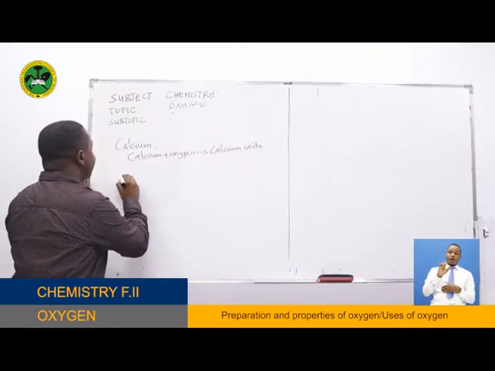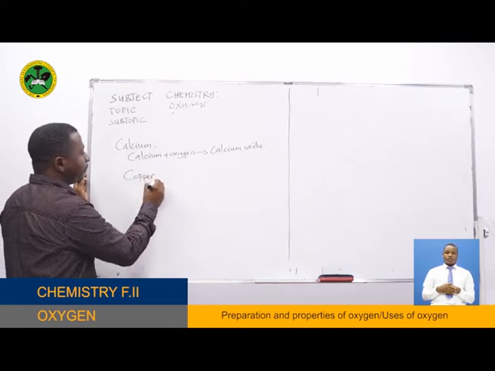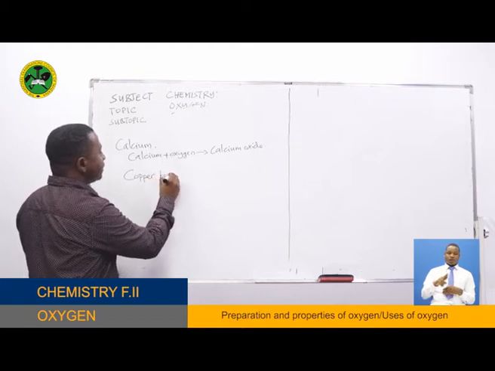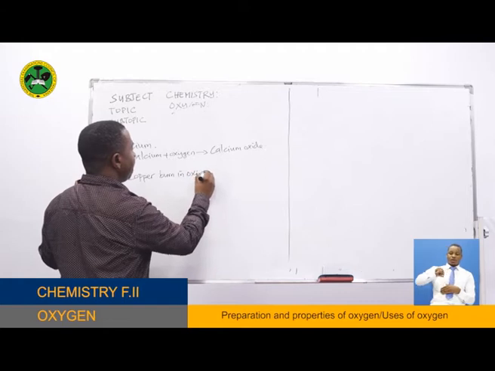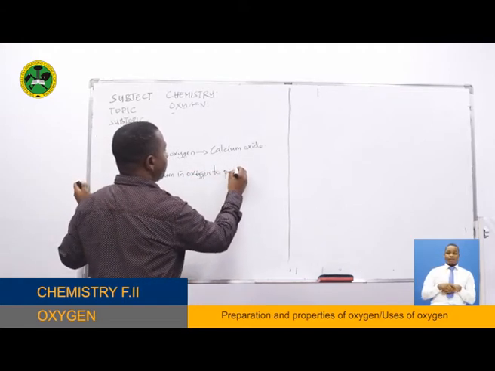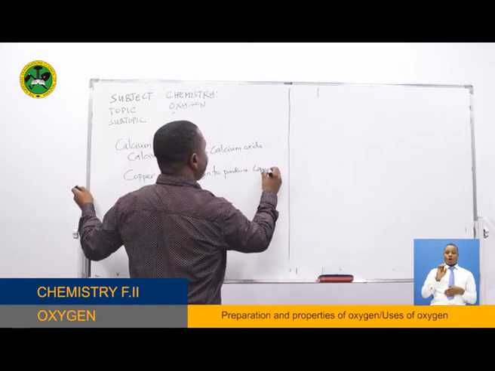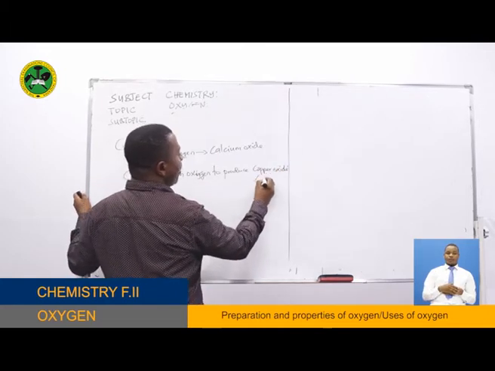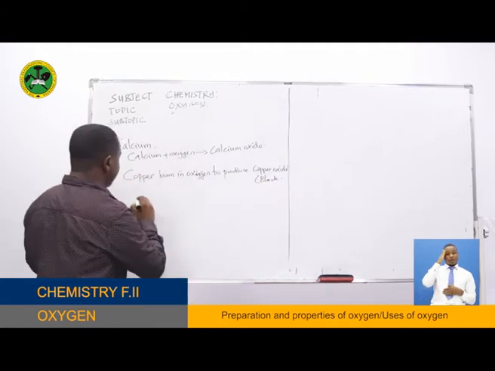We have some other metal like copper. Copper burns in oxygen to produce copper oxide. Copper oxide is black. It's an oxide which is black.